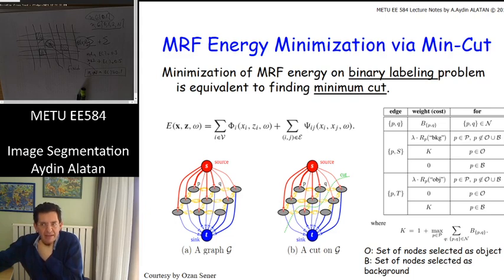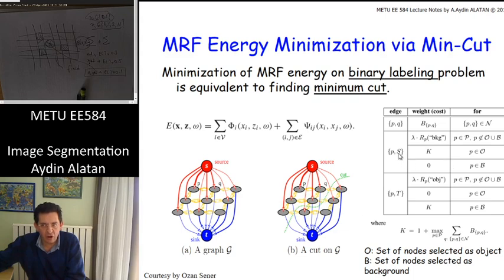I'm gonna write a background cost multiplied with a lambda. If this P is not belonging for sure to either object or the background, okay?